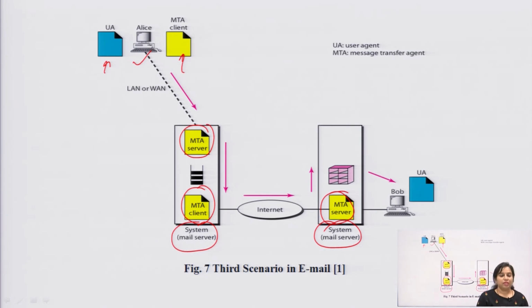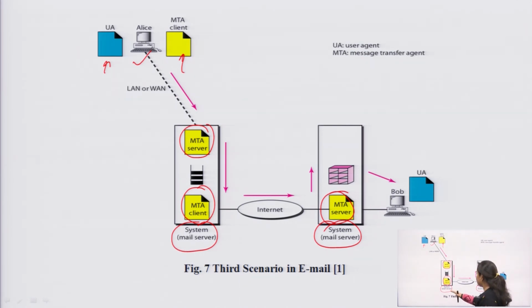So, every time whatever data is transferred, it will be transferred from client to server, meaning the request will be raised from client to server, then the server will allow the process or allow the device to get access to that particular system. So, this is the third scenario.